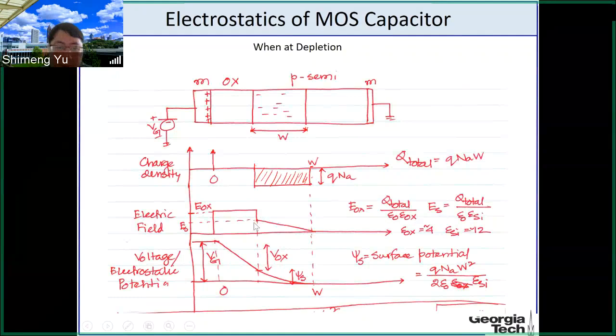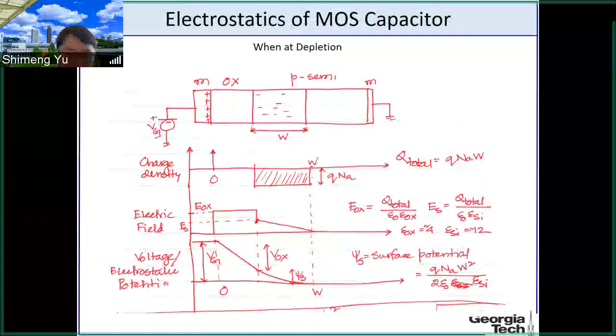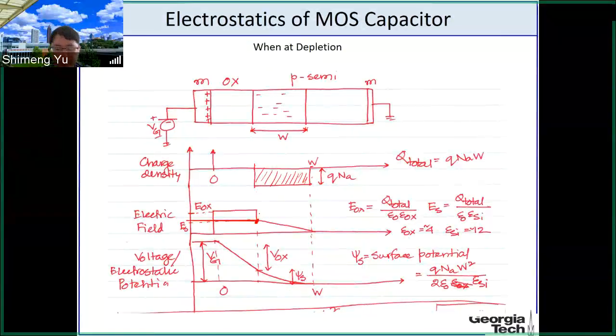And you can calculate what is the ES here, which is the electric field at the surface of the silicon. This is ES, and that is the Q total divided by the epsilon of the silicon. So epsilon 0 is the permittivity of the vacuum, and epsilon silicon is the relative permittivity, or the dielectric constant.